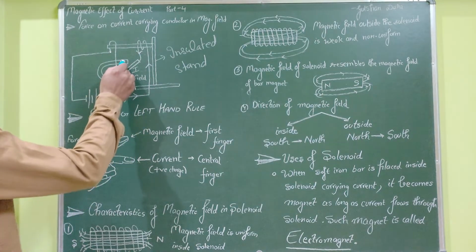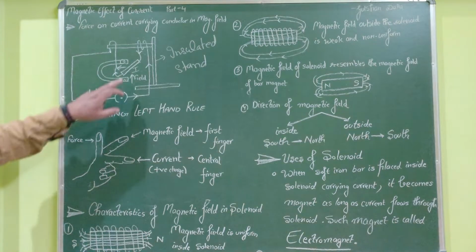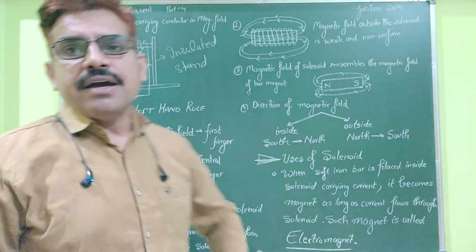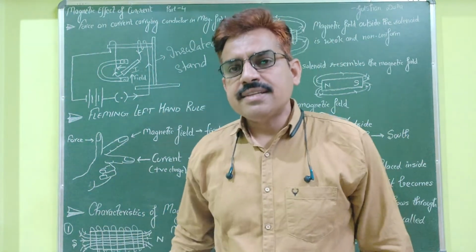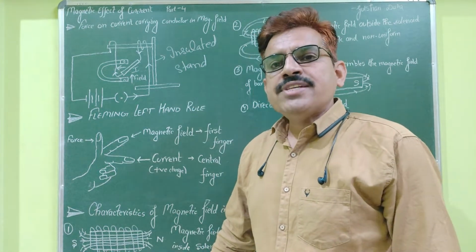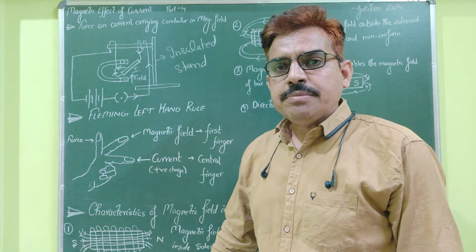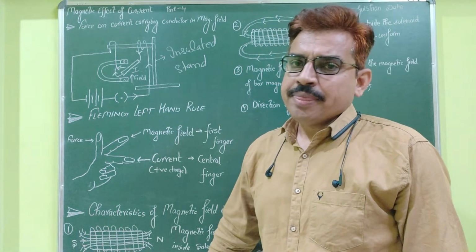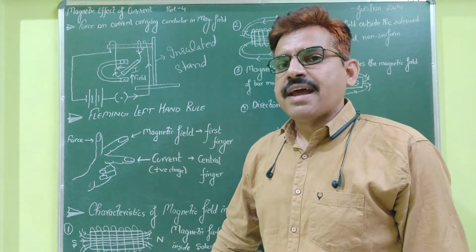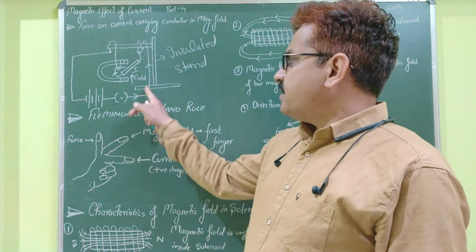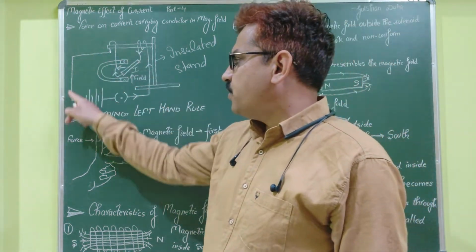And this is the magnet. In the study of electricity, current always flows from the positive terminal to the negative terminal outside the battery, and negative to positive inside the battery. That is why we take this as the direction of current.